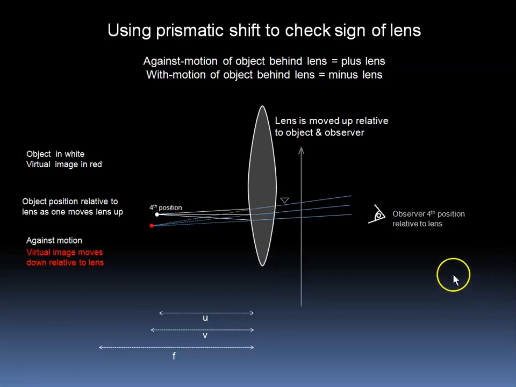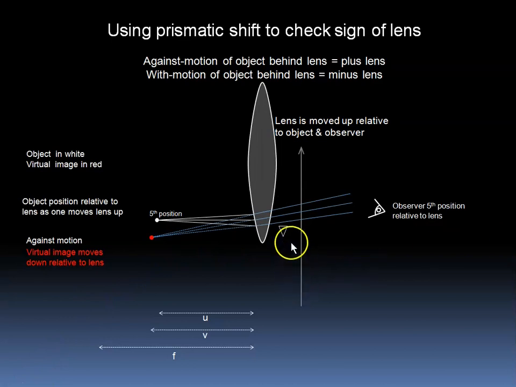The lens has been moved further up and the pupil of the observer now overlies a lower part of the lens with an overall base up prism, so that the virtual image is now shifted downwards towards the apex. The lens has been moved up further so that the patient's pupil now overlies a more peripheral part of the lens.